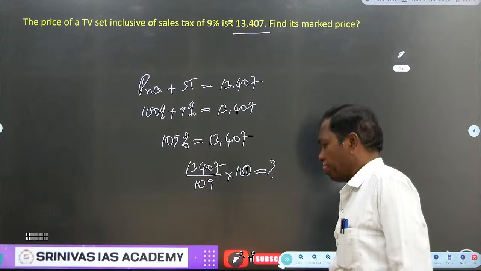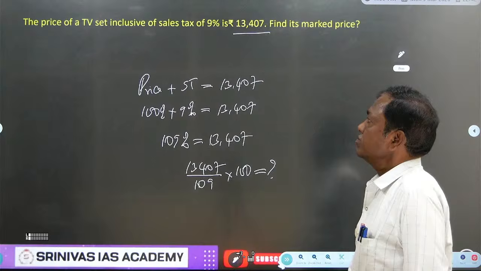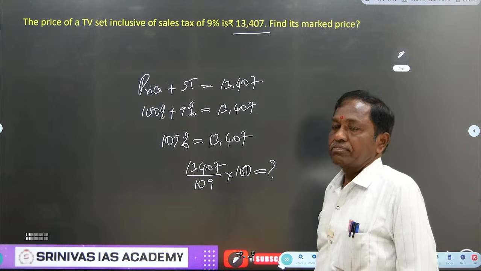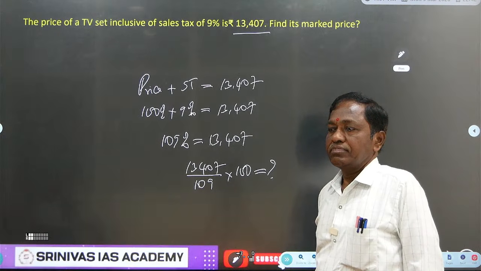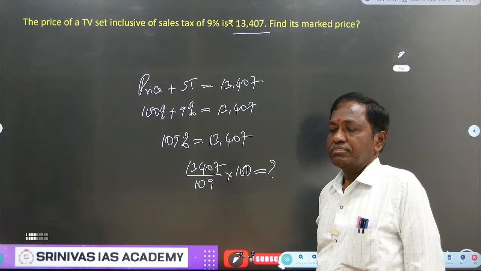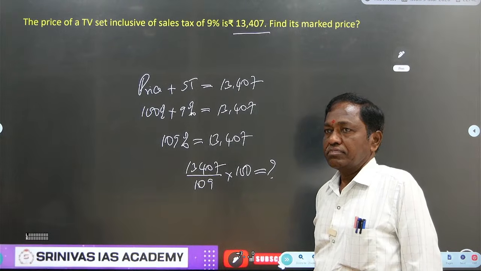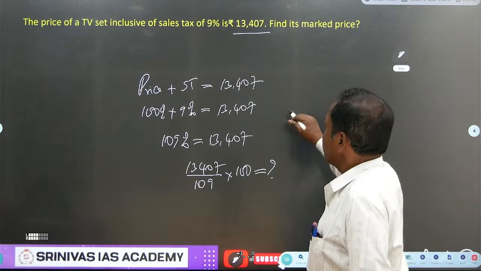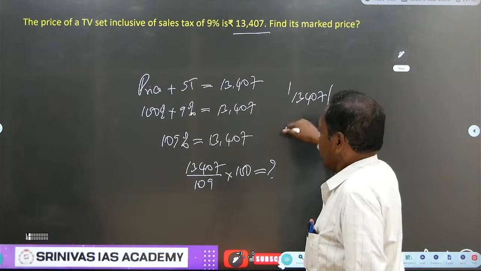But you have to simplify. Very big calculation this is. 109.